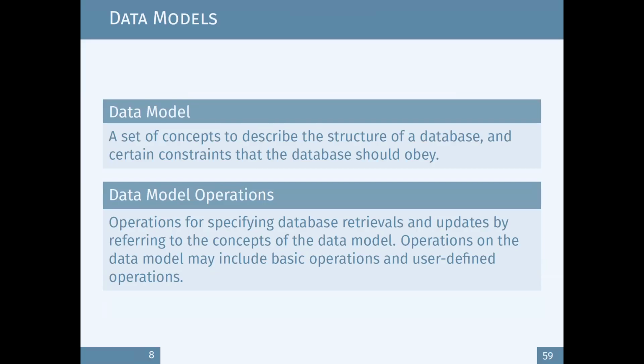So when we say a data model, as I told you earlier, it will describe the structure, it also has some of the constraints which the database should obey. And then we can define a set of operations, right?